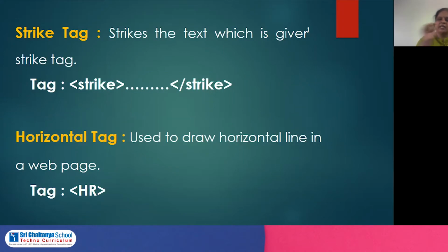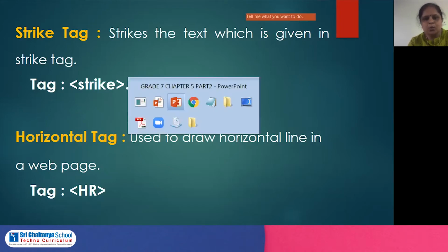Means I think it will draw one line on the text so that it will be striked out. Then what is this horizontal tag? It is used to draw a horizontal line in the web page. Let us see how exactly these two tags will work.